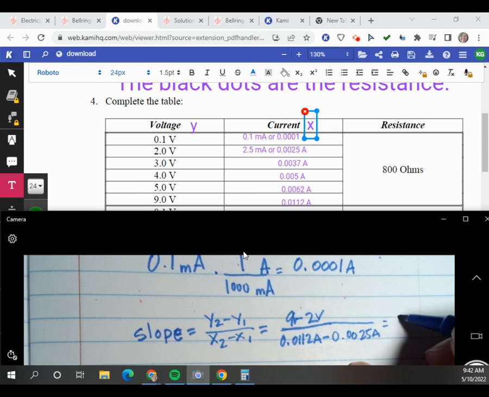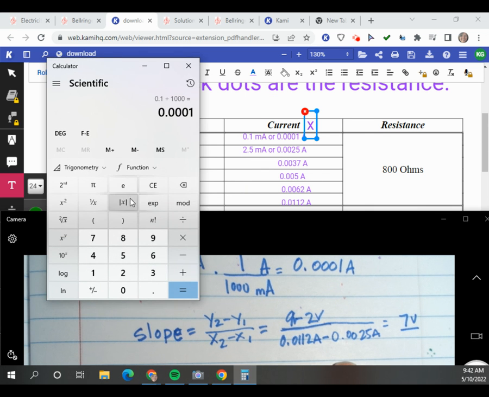And so when we do this, we know we have 7 volts over, well, let's do this math on a calculator. We're going to have 0.0112 minus 0.0025 equals, okay, 0.0087 amps.